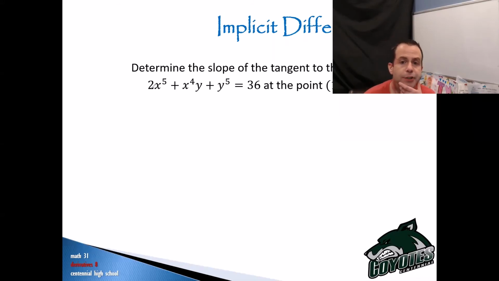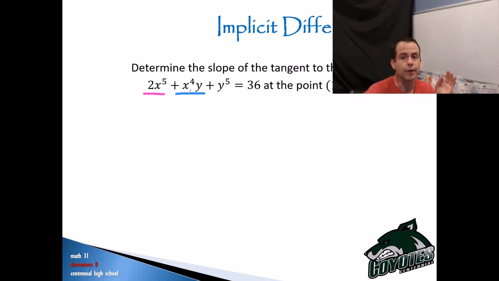So what I need you to see here is the derivative of this guy. Well, the 5 will come to the front, so that'll be 10x to the 4. Then the derivative of this guy involves the product rule. This is f times g, so I'll have the derivative of f times g plus f times the derivative of g.